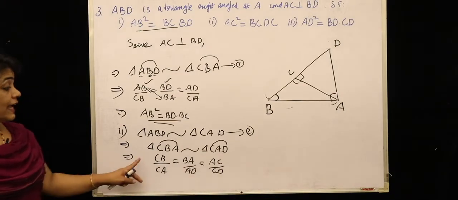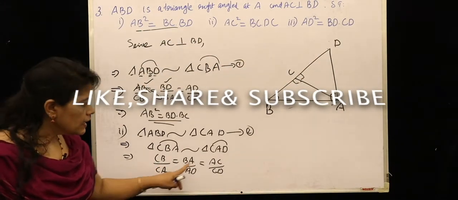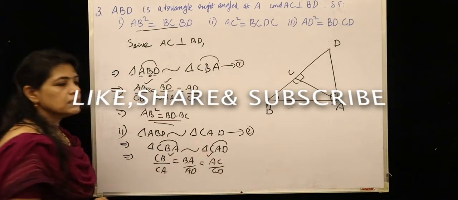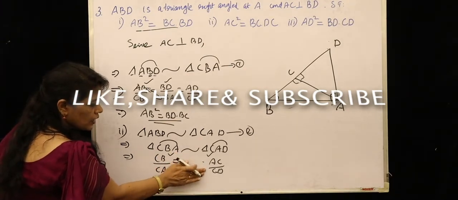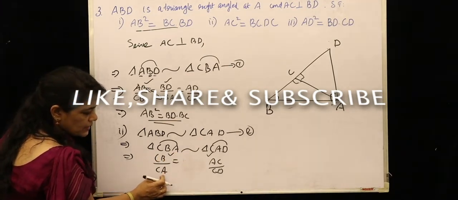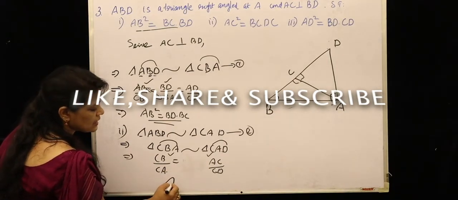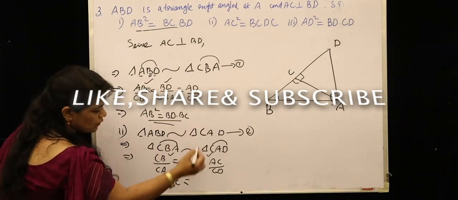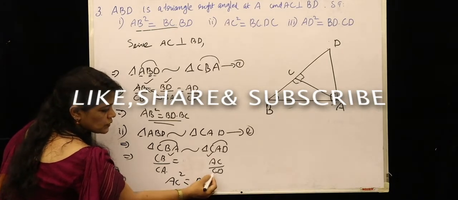And in order to get AC square, children, see, CB, CA, here AC. So we have to equate the first and the third one. That is CB by CA equals AC by CD, so AC into CA, that is AC square, equal to BC into CD.